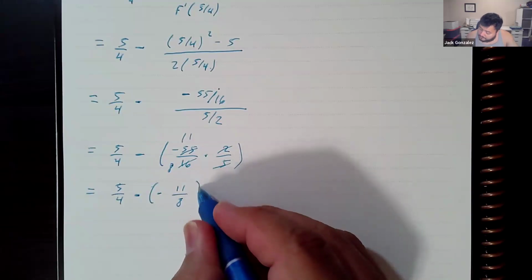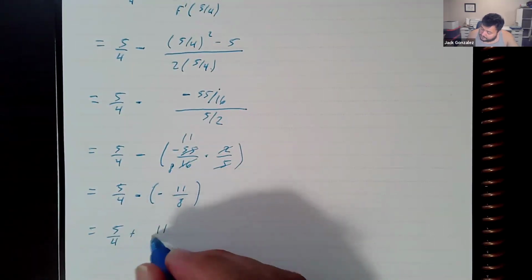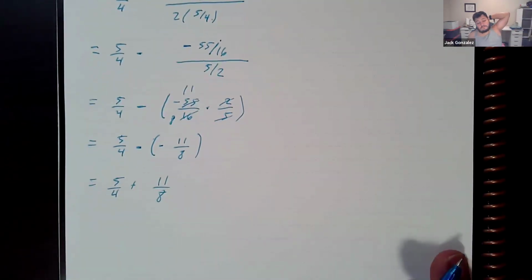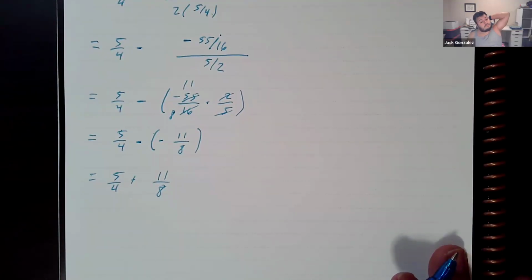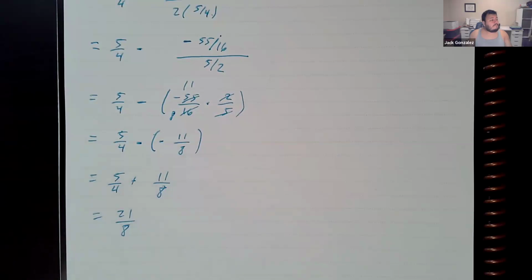So 5/4 plus 11/8, which would be 21/8, right? The homework uses a bunch of decimals, so whatever. If you want, you can use your calculator.